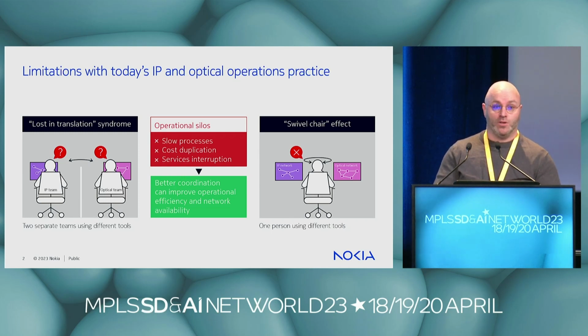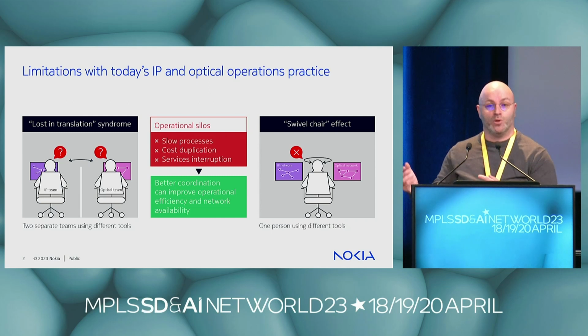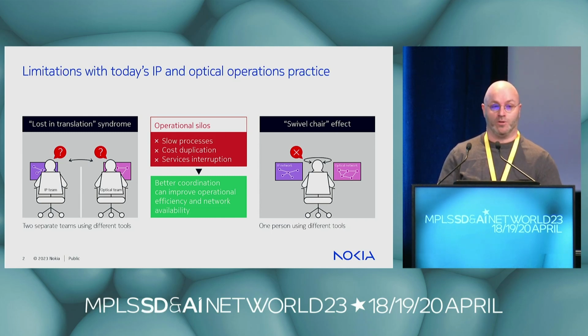And when, for example, an IP guy starts investigating an issue in the network, he might not find what the root cause is. And at a certain point, when they don't have any idea what to do next, they drop it over the wall and give it to the optical colleagues to see if there's something wrong in the optical network. Especially true with bigger operators.